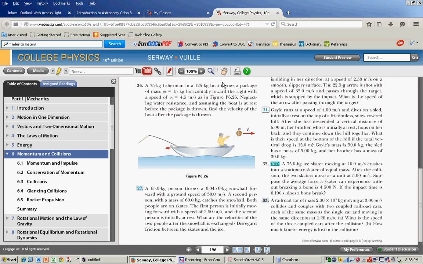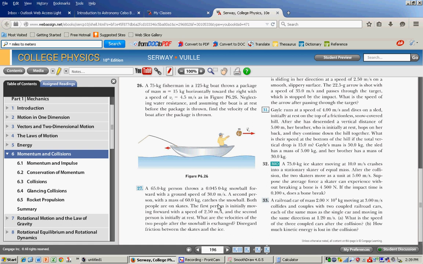So let's take a look at example number 27. We have a 65 kilogram person, and this person throws a snowball forward with a ground speed of 30 meters per second. So ground speed means the velocity of the ball with respect to the ground is 30 meters per second, right? A second person with a mass of 60 kilograms catches the snowball.